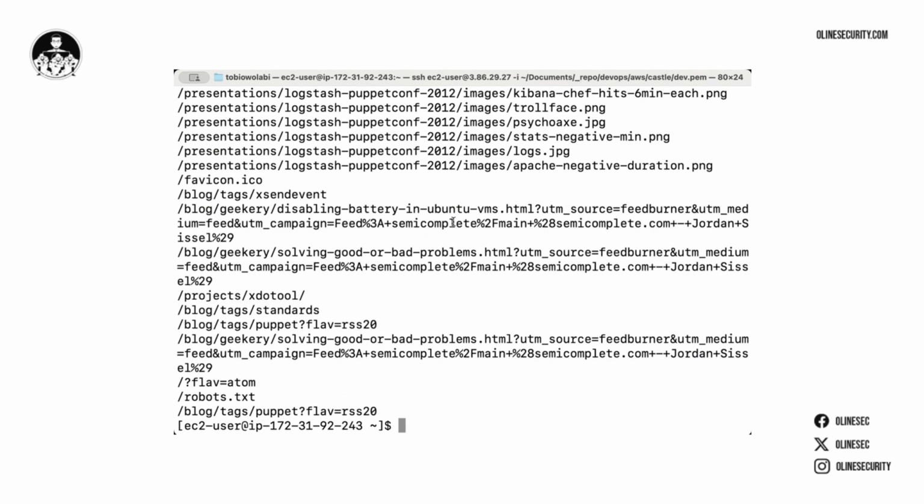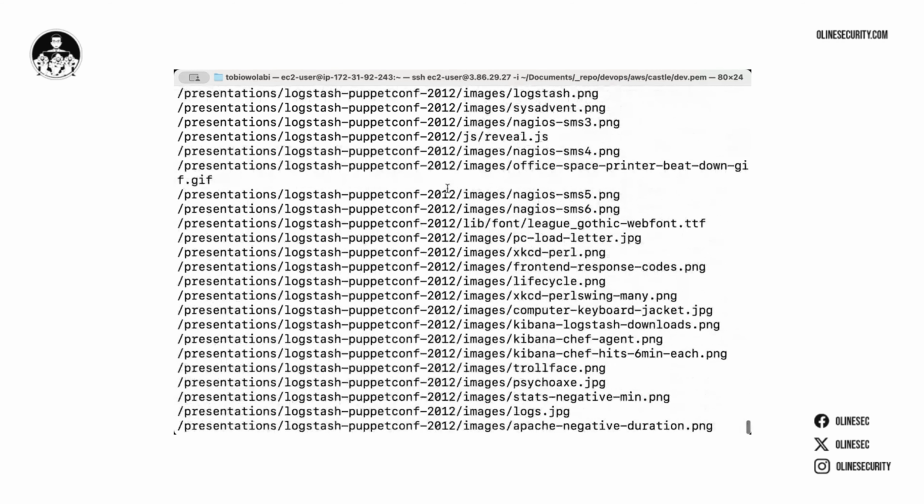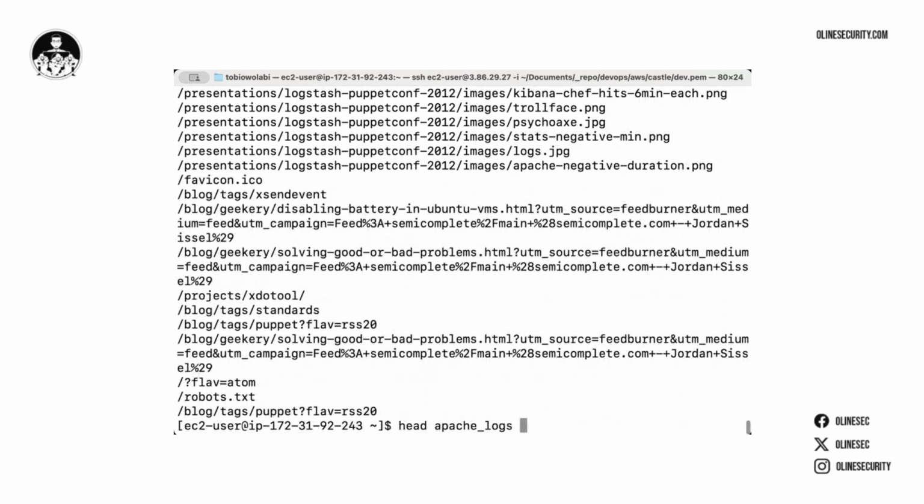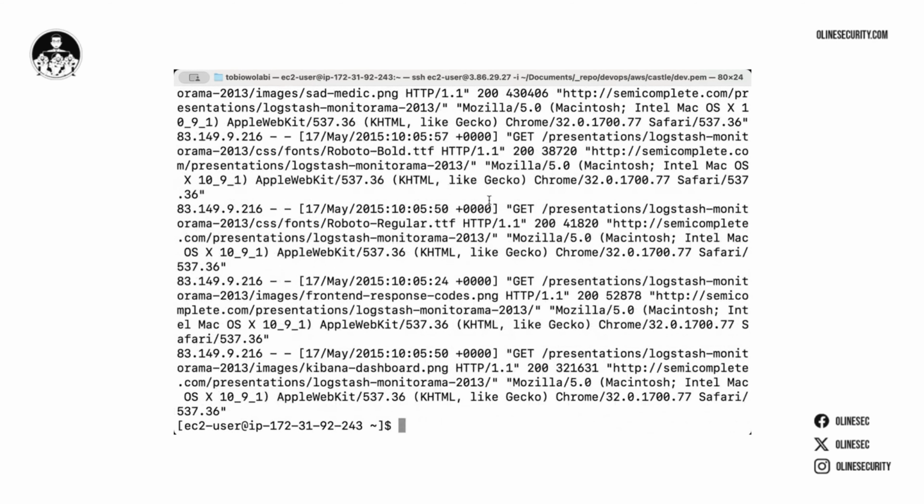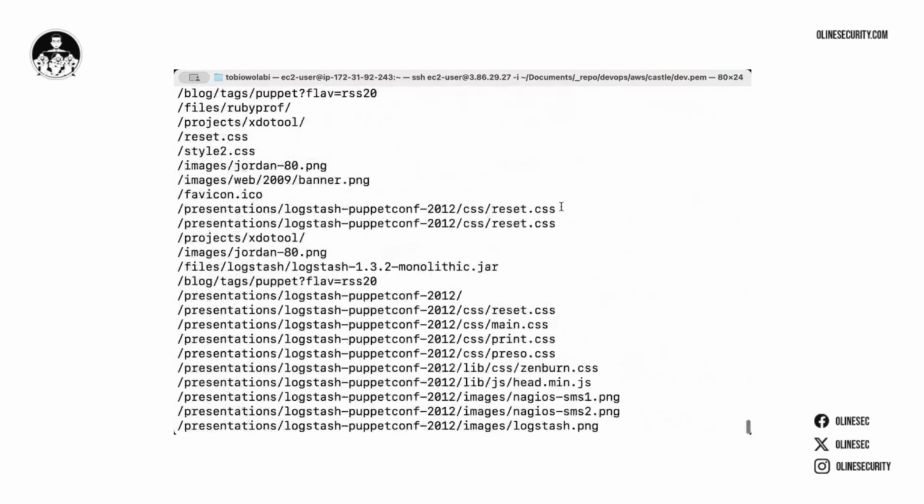Yeah, let's see what 7 gives us. If we awk 7. Okay, cool. This looks like the pages that are being accessed.